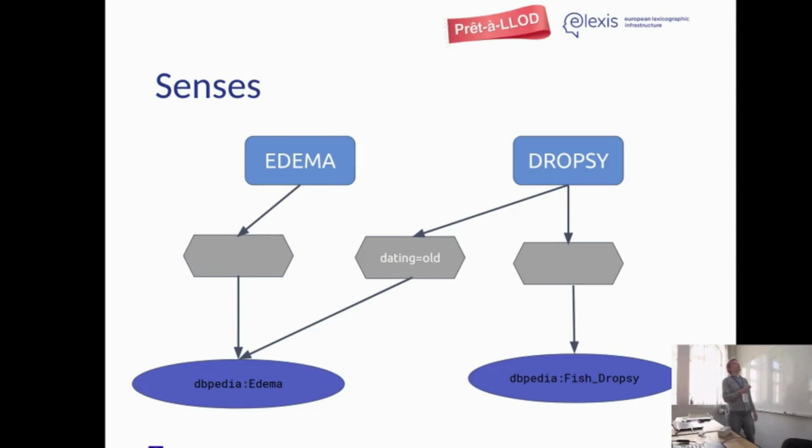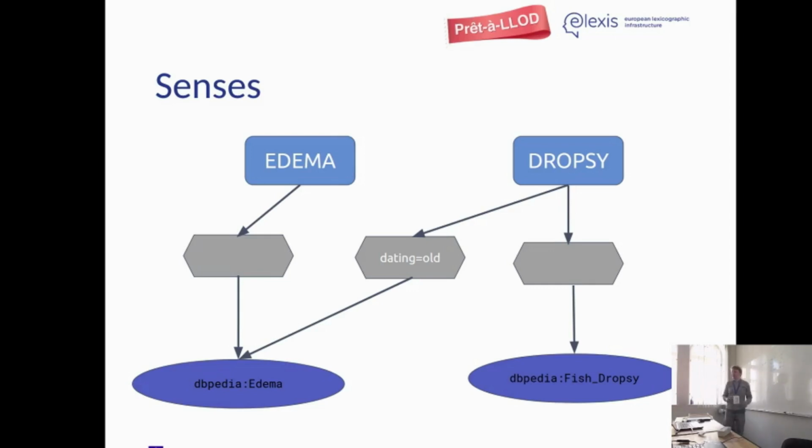What we can do is introduce the property dating equals old, but we don't want to put it onto DBpedia edema because not every word that refers to DBpedia edema is an old-fashioned word. For example, edema isn't. But we can't put it on dropsy either because it's not old-fashioned when referring to this disease. So instead we need a node that captures both that this is the word dropsy and it is being used with this meaning.